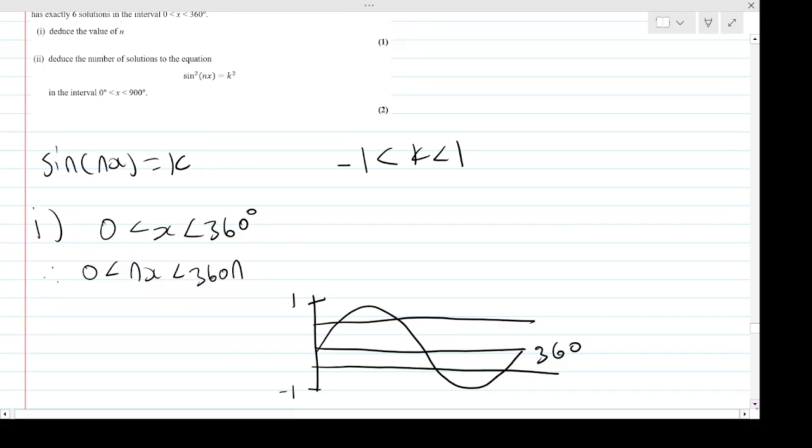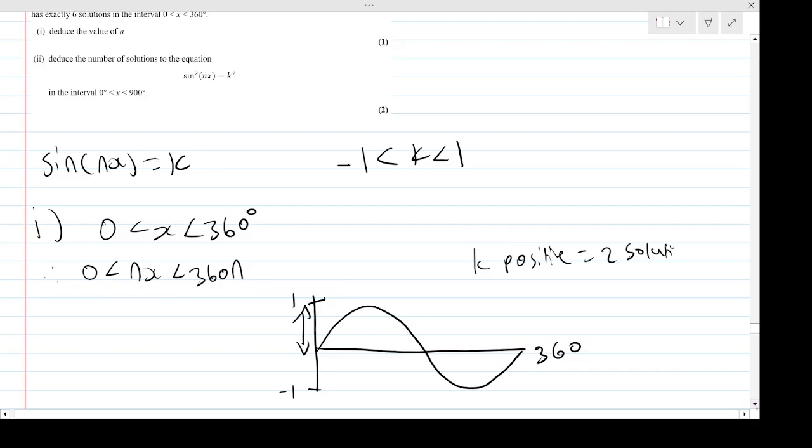So, okay. Between 360 degrees then, the first 360 degrees. What if k is positive? What if k is between here? If we draw a generic line here, and this is k, we would have two solutions, wouldn't we? Likewise, if k is positive, that means two solutions.